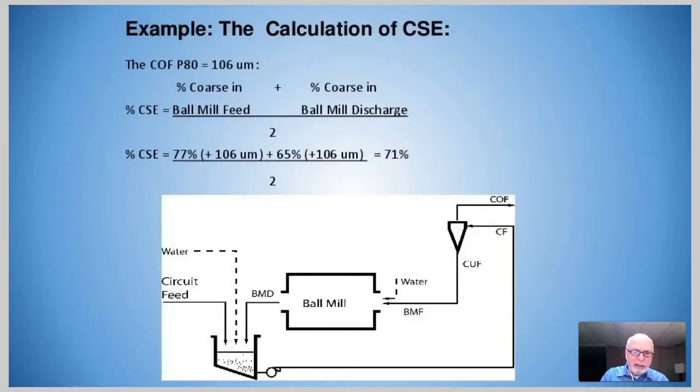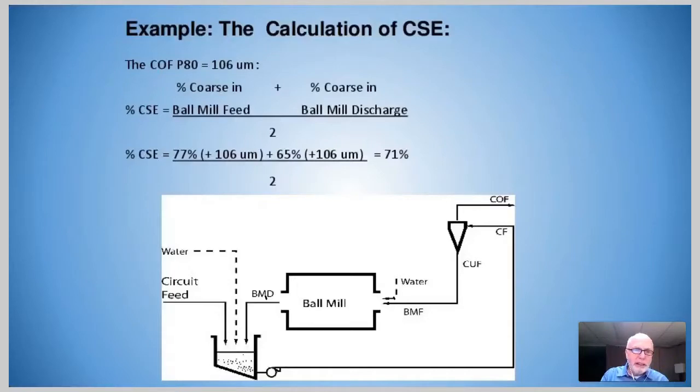So we're taking a sample of the ball mill feed or cyclone underflow and doing a size analysis. And then we take a product of the ball mill discharge and do a size analysis. Then, to calculate the percent CSE, the percentage of the mill energy being used on coarse material, we take the average of the coarse percentage in each of those two. So, take the percentage of coarse in the ball mill feed.